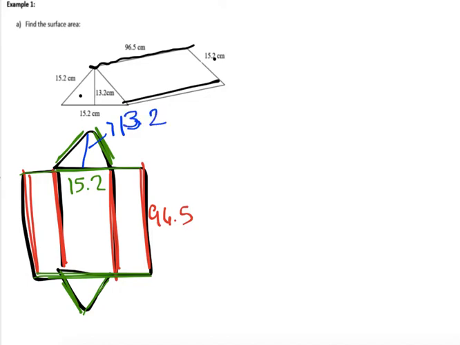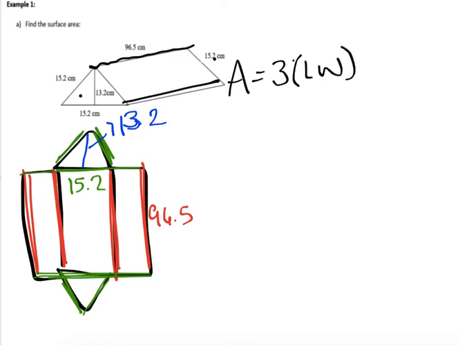Now that we have our net drawing, we can talk about what we have in regards to shapes. I have 3 shapes here: one right here, one here, and one here, and they're all the same. They're all rectangles with the same length and width. So that means I have an area equal to 3 times the area of a rectangle, which is length times width.